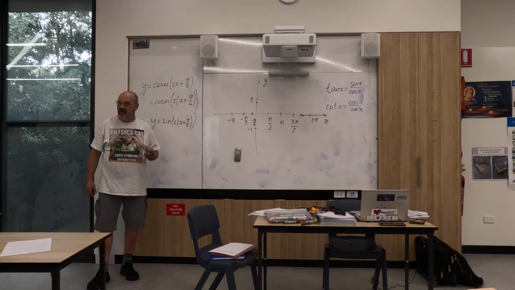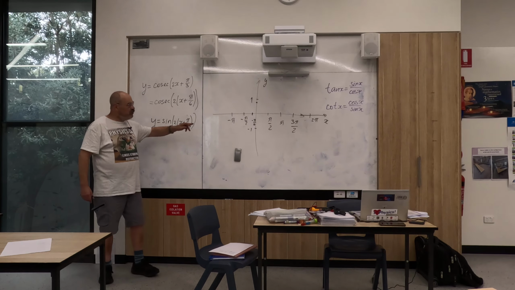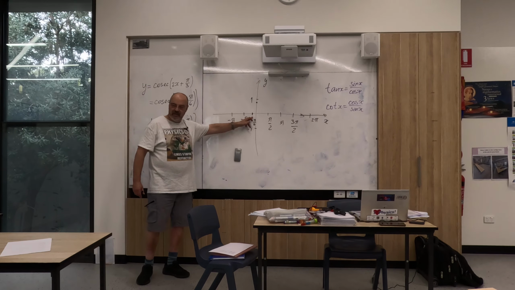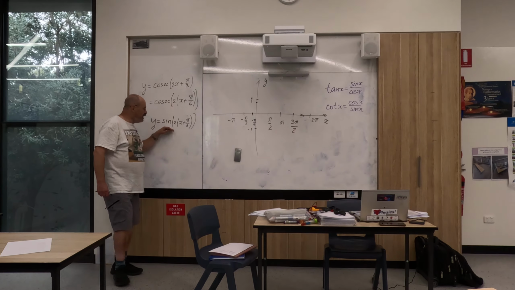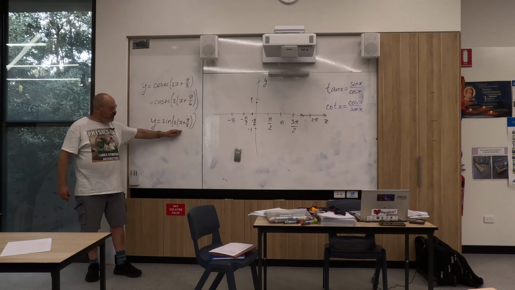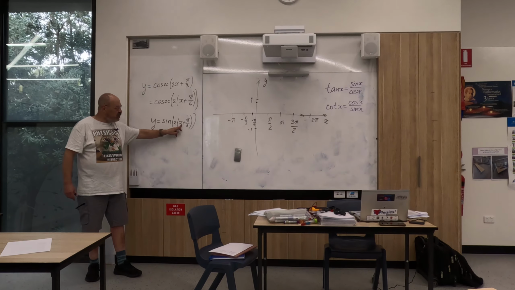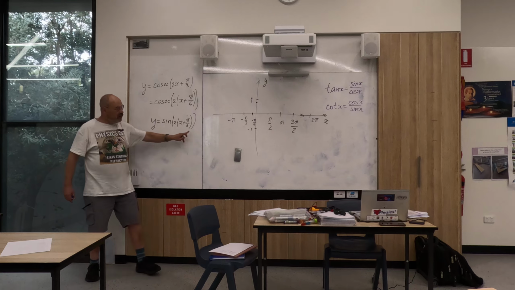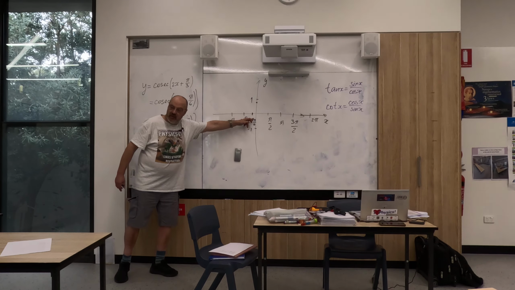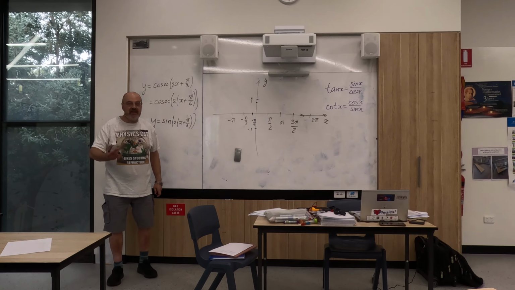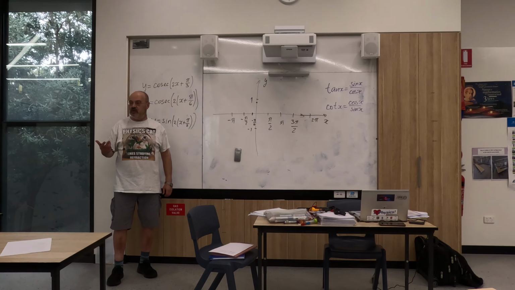And negative pi on 6 is 0. When x equals negative pi on 6, we get sine 0 equals 0. That's an x-intercept. The maximum of sine is when x equals pi on 2, right?